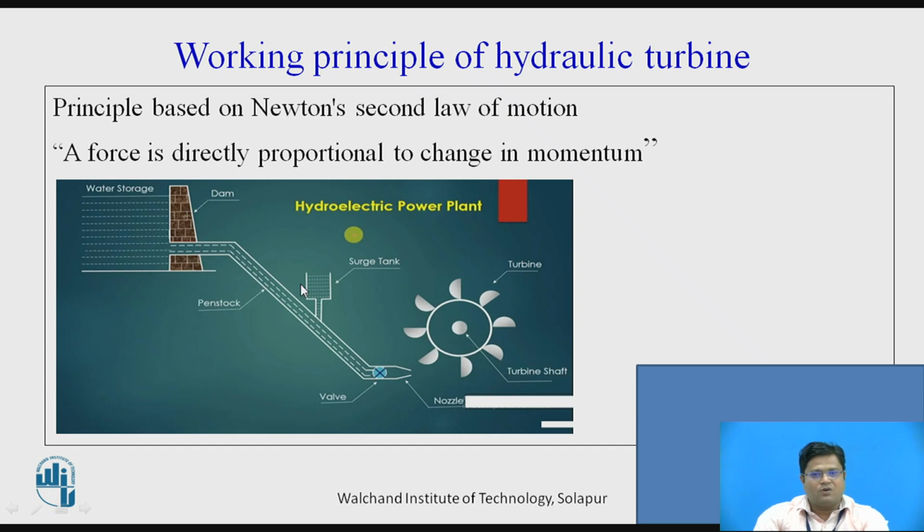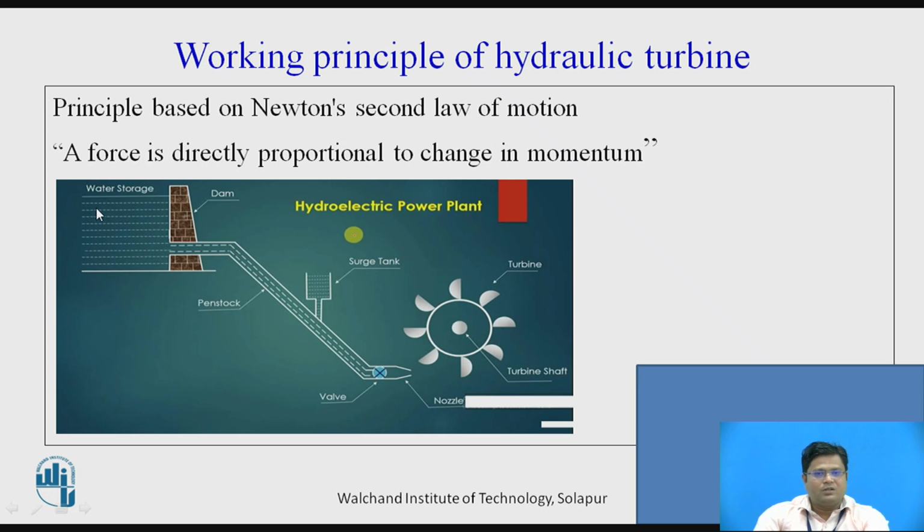When it strikes on the blades of this runner, these blades are displaced, and therefore a resulting force is created here. So due to this resulting force, these blades start to rotate, and this runner is coupled to the electrical generator, and we convert the mechanical energy of this runner into electrical energy.